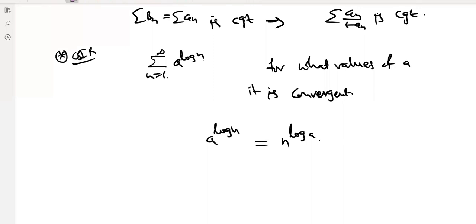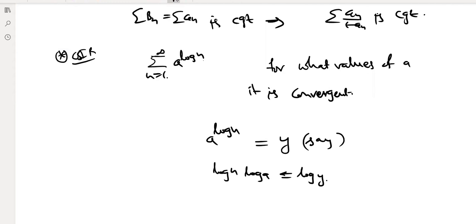Or else, if you don't know this, what you do is take this as y. Now take logarithm on both sides. So log y equals log of n power log a. This tells you that y equals n power log a.